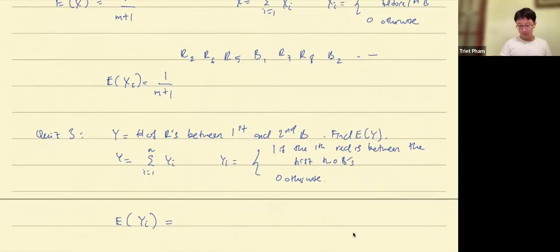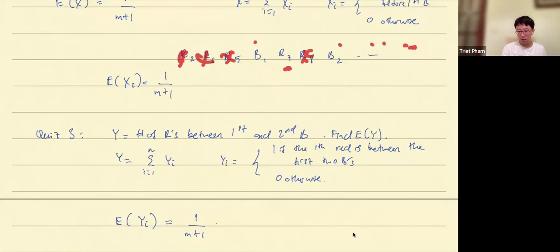The answer is still 1 over m plus 1. No difference. Why so? Because again, the argument is exactly the same. Suppose you focus on R7, let's say. Then you ignore any other reds because they're irrelevant. You only care about the position of R7 relative to the blacks.